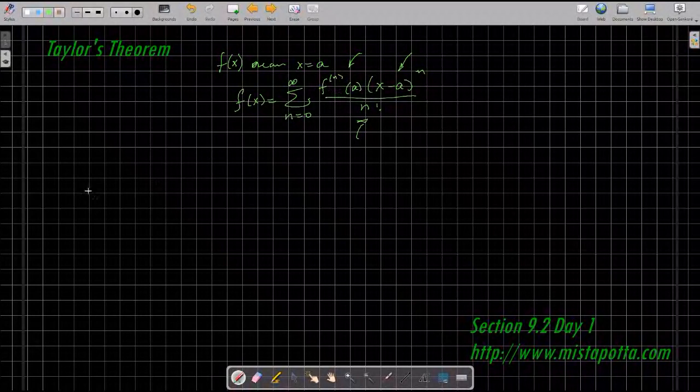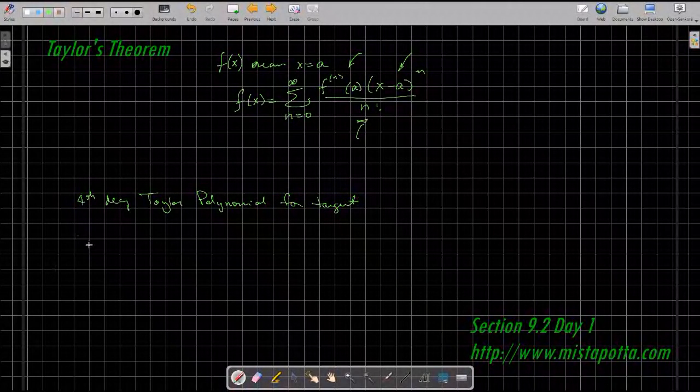So I can actually come up with the fourth degree Taylor polynomial for tangent.